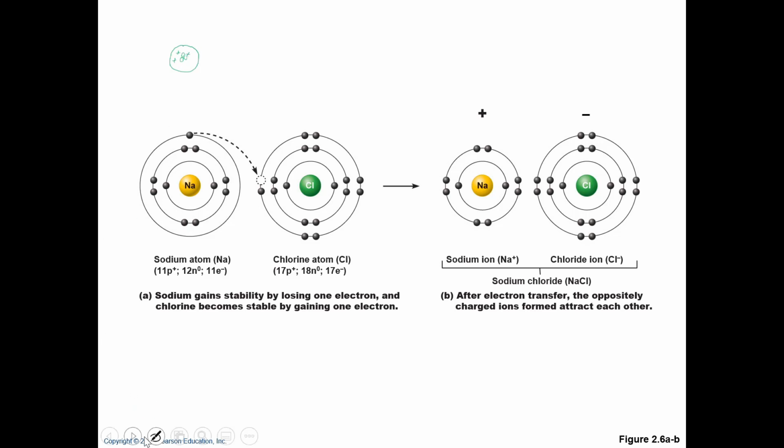And how many neutrons should it have? 3. Same number of neutrons. So this one has 3 neutrons. Neutral, no charge. So in the nucleus you have 3 positive. Then this one has 3 electrons on the shell. Make sense?